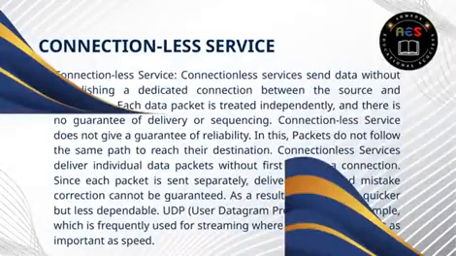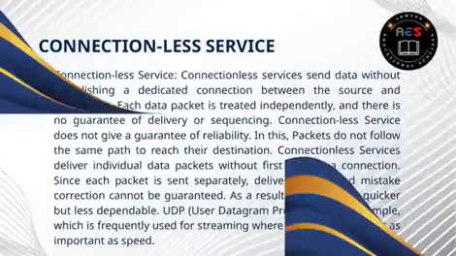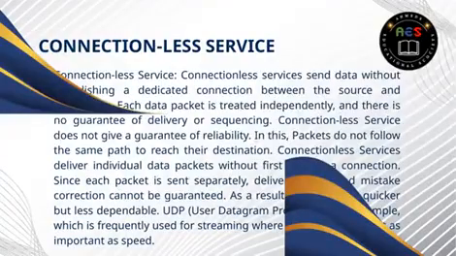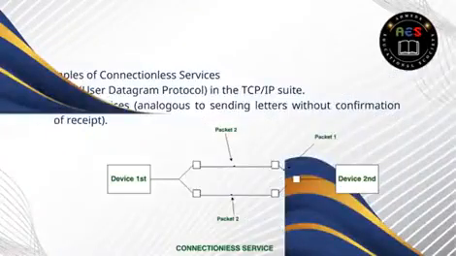It's often used in streaming applications, like live video or audio, where speed is more critical than perfect accuracy. So, in essence, connectionless services prioritize speed and efficiency over guaranteed delivery, fitting well with applications where some data loss is acceptable. Let's look at some examples of connectionless services.